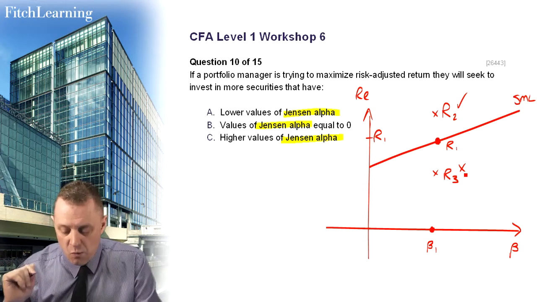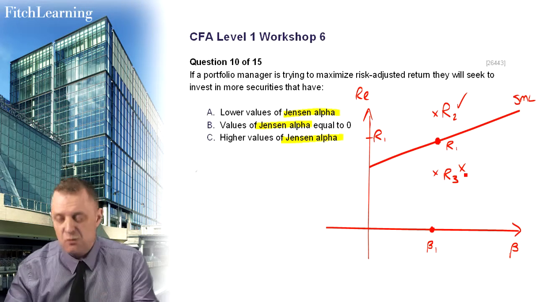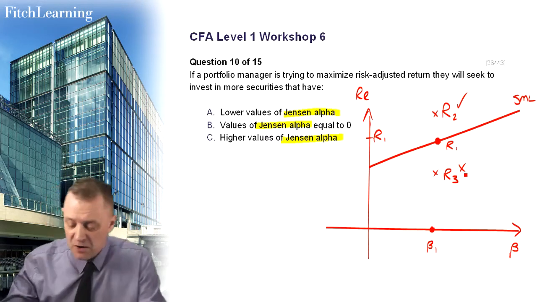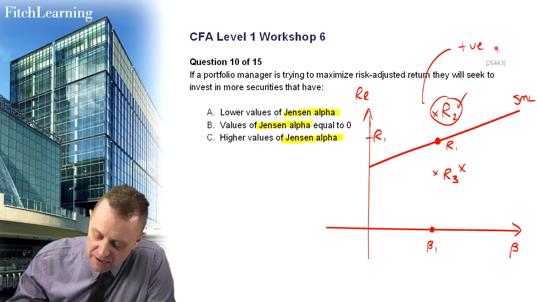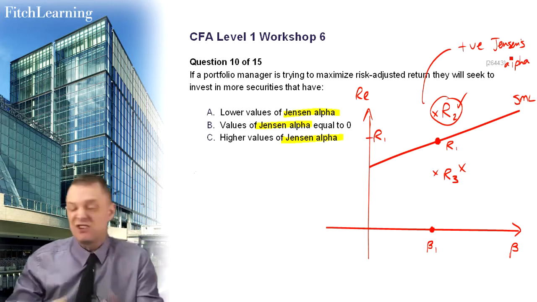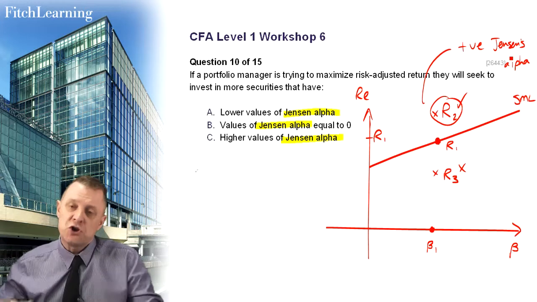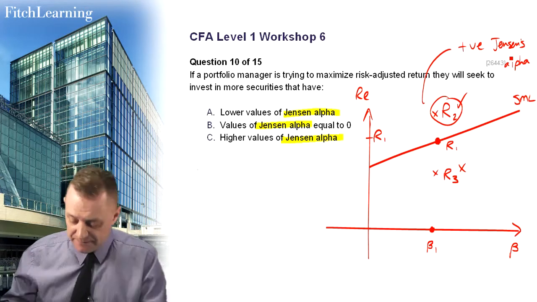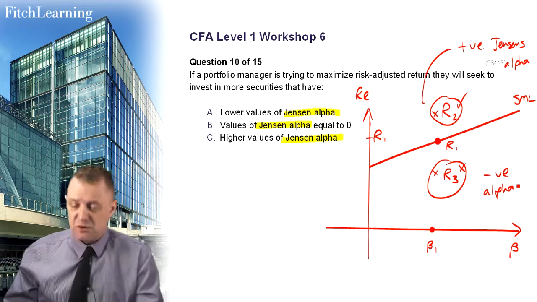But when we look at R2, because that return is higher than what we expect from the securities market line, we actually say that this has got positive Jensen's alpha. More commonly, we probably say it's got positive alpha. That's what we're looking for here. We're looking for the securities that sit above the securities market line. This one, R3, we say that one's got negative alpha. We don't particularly like that one.